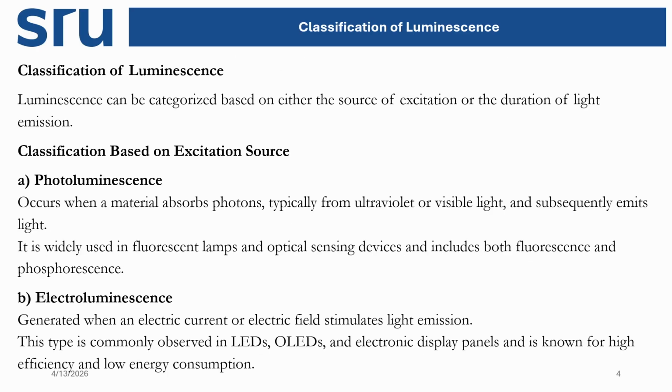So we can classify it in different ways, based on how that electronic transition is taking place, by the means of what energy we are providing from outside for the transition of the electron from the ground state to the excited state. For example, let's say we are providing the energy from photons, means we are using a light source.